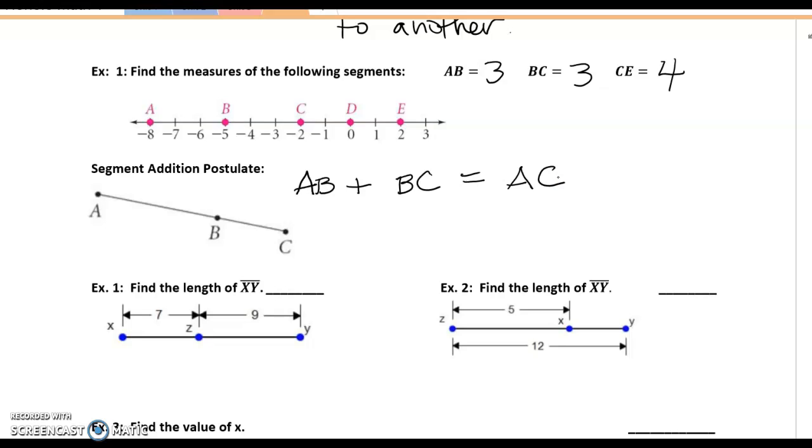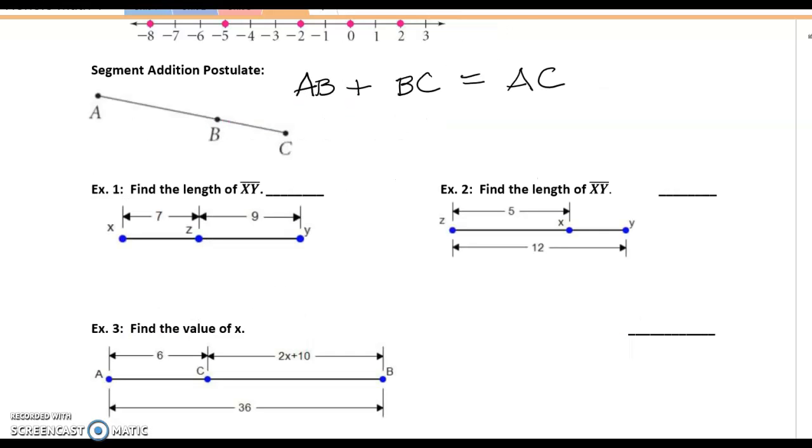Now you notice that I am not using the segment sign above the letters. Anytime we do not use the segment line above these letters, we are talking about the measurement. So I should be reading this as the measurement of AB plus the measurement of BC will equal the measurement of AC.